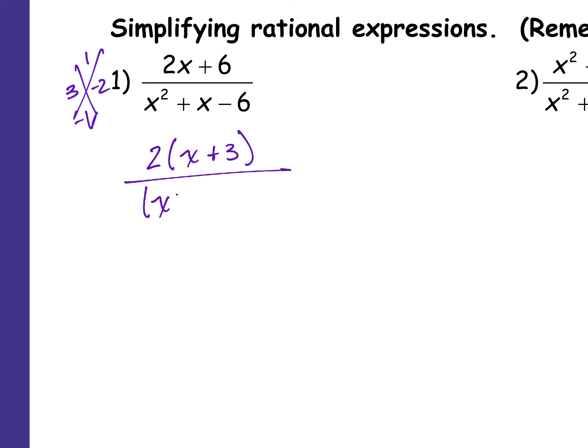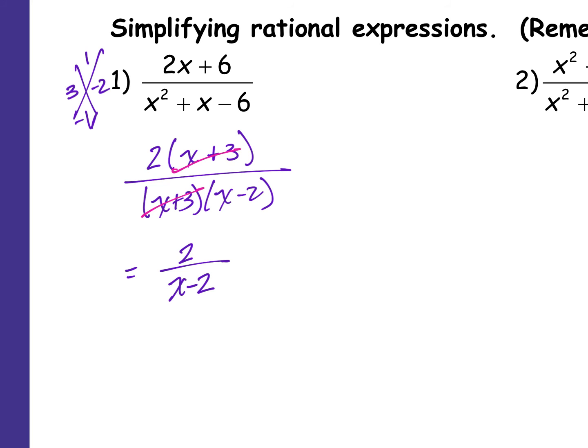So I've got x plus 3 and x minus 2. I have an x plus 3 in the numerator and the denominator. That makes a 1, so that goes away, and I get left with 2 over x minus 2. That's my answer, done. Not bad, right? Just factor and cancel. That's it.